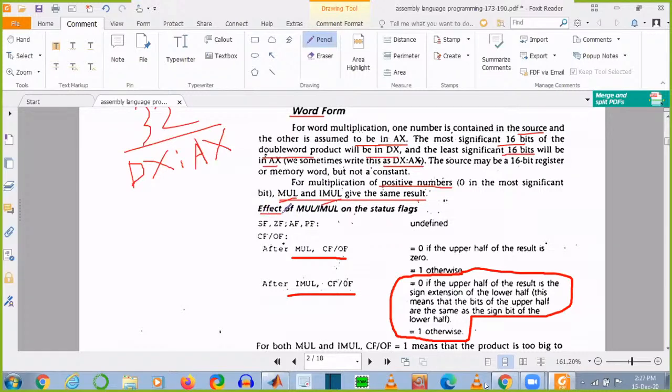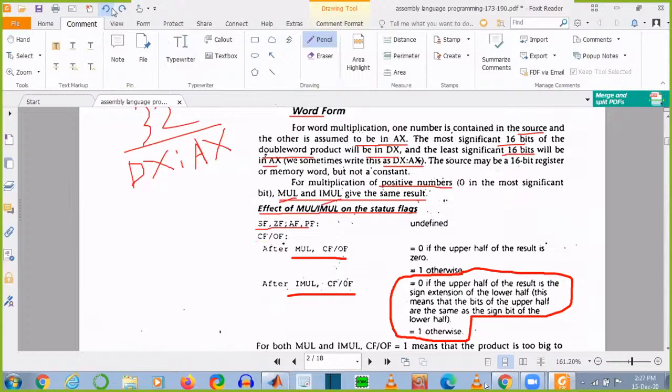Now, the effect of MUL and IMUL on the status flags. We will see the effects of unsigned multiplication and signed multiplication on the status flags. You know that we have 6 status flags: SF, ZF, AF, PF, CF and OF.